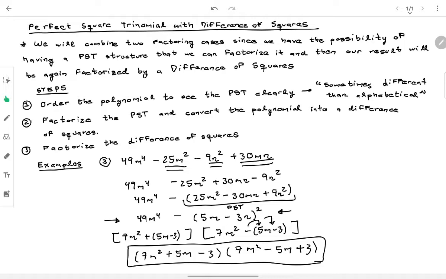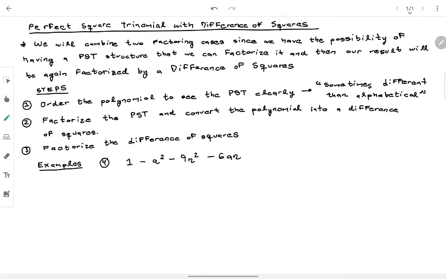So let's see another example. So if we get something like this, 1 minus a squared minus 9n squared minus 6an, of course, the ones that are going to be the perfect square trinomial are those, because the first two have a specific square root, and the third one has the square root of each of the other two, that is going to be a and n.